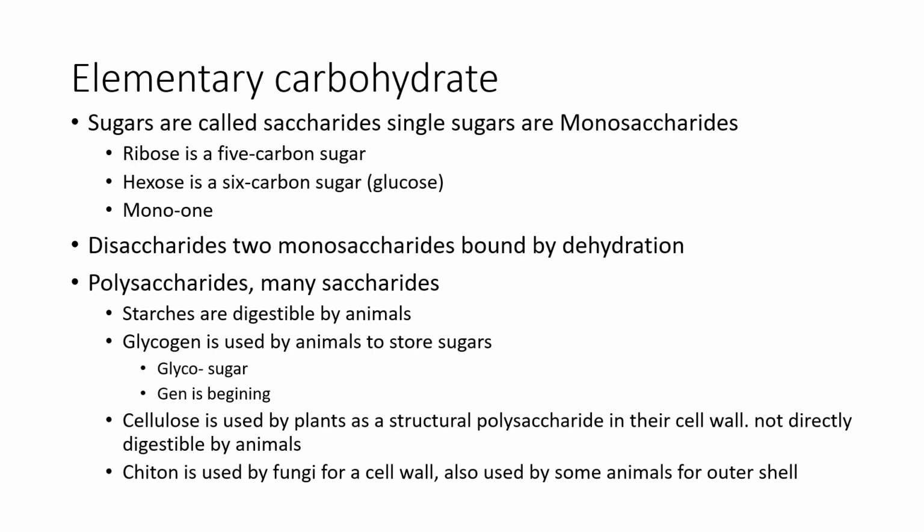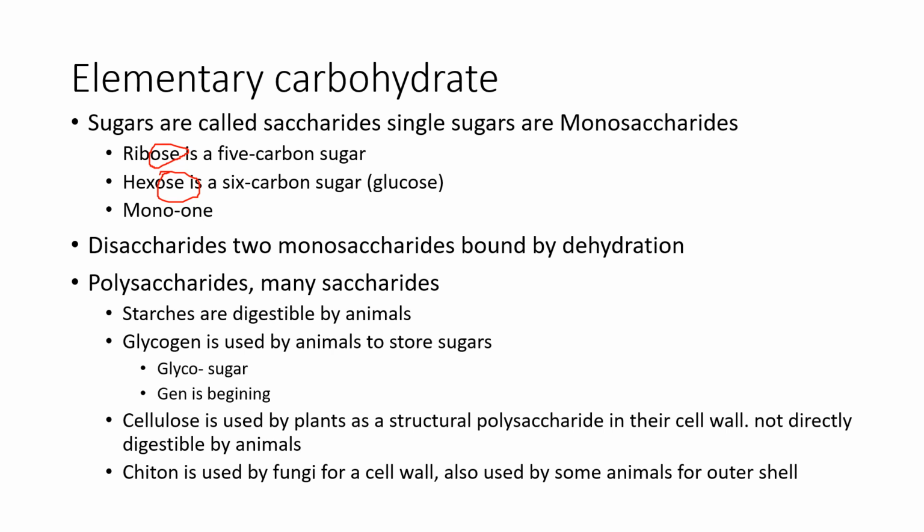Now, the most elementary carbohydrates that we talk about are called monosaccharides. Mono means one, saccharide is a single sugar, so a monosaccharide is one sugar. And there are two monosaccharides we tend to actually deal with. One of them is called a ribose. One thing you'll notice is this word ending ose is coming up here in the ribose and here in the hexose.